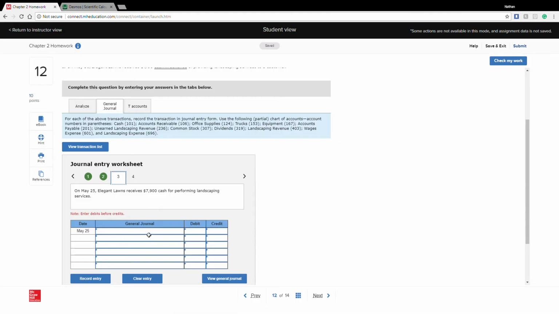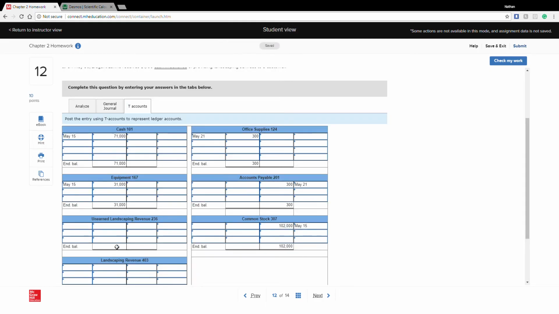So here we go. We performed the service, got the cash, and let's see if it's just under a landscape. Yep, landscape revenue, 7,900. Go to T accounts. So again, cash.